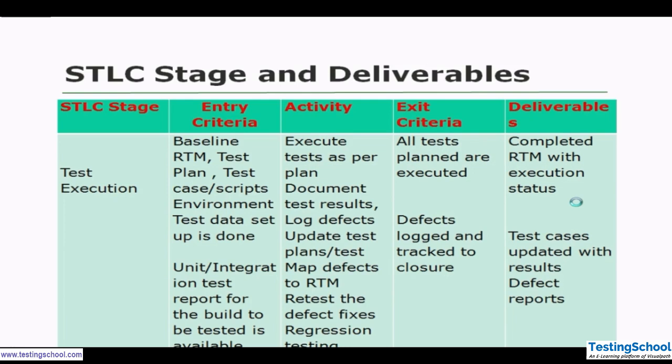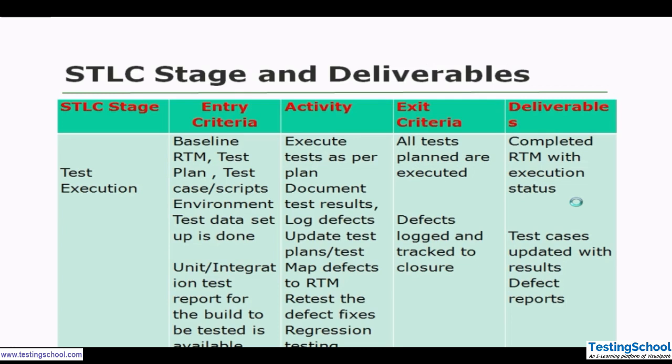We see which modules we executed and what the status is for each module, like home, login, finance, the payment page. Then the deliverable is the test cases updated with the results, along with the defect report.